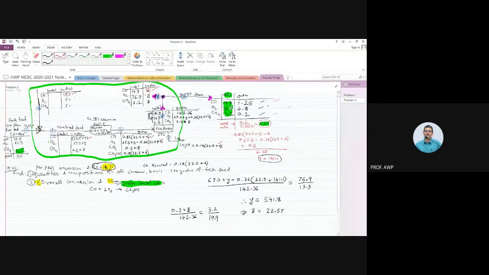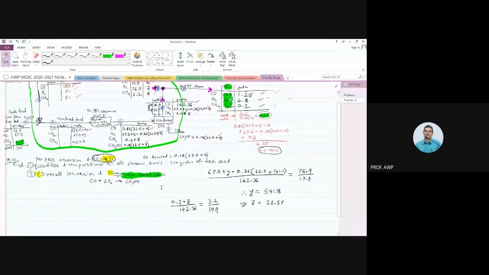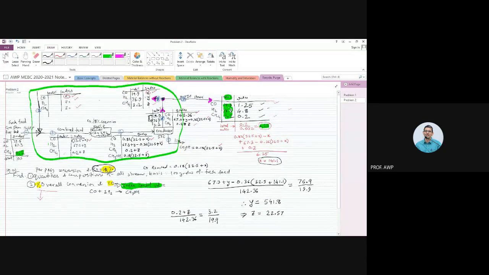So that means we know everything now. We know everything everywhere. Have we solved our problem? Anybody? Yes. Now, overall conversion. So now the percent overall conversion, that is across the whole plant, across this green control volume. Carbon monoxide coming in is 32.5.